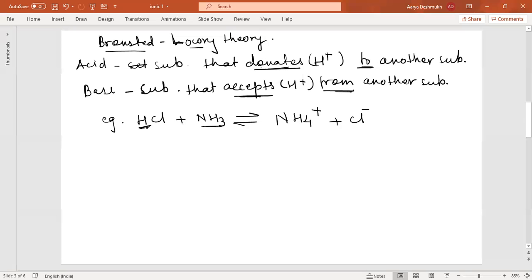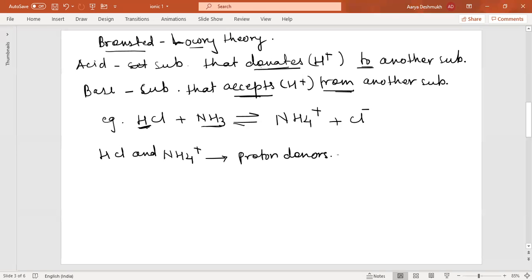Now in this above reaction, remember here, HCl and NH4 plus, these two are the proton donors, meaning they have hydrogen ion in them and they have the ability to donate this proton.